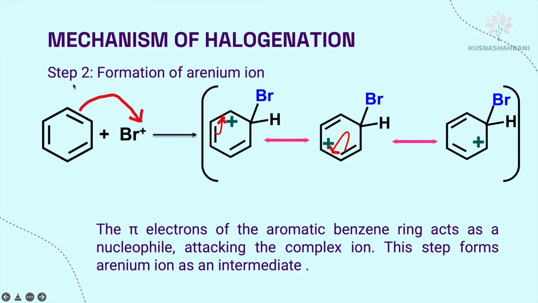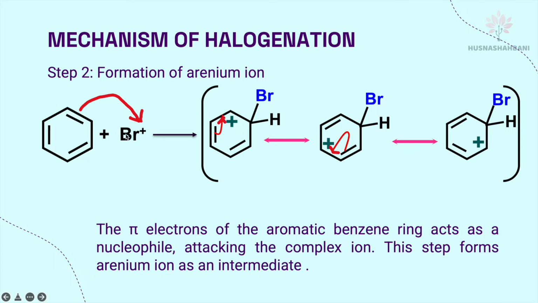Then we can proceed with step number 2, formation of arenium ion. Now our Br plus electrophile, the nucleophilic aromatic ring uses its double bond to form a bond with the Br plus. One of the carbons forms a bond with Br, because the double bond involves 2 carbons.